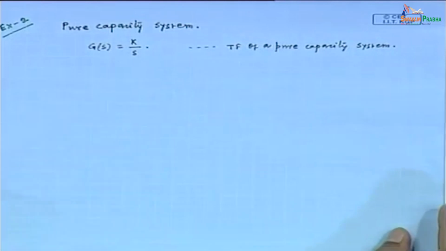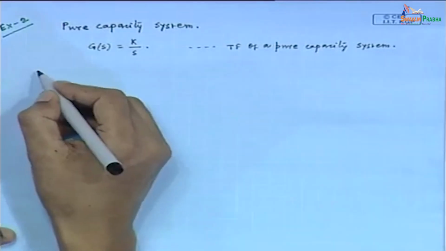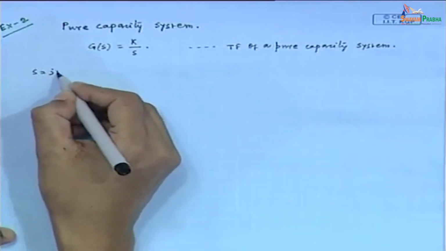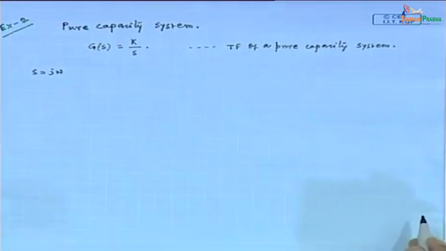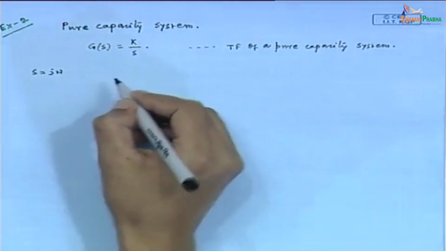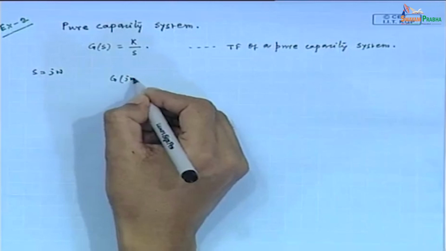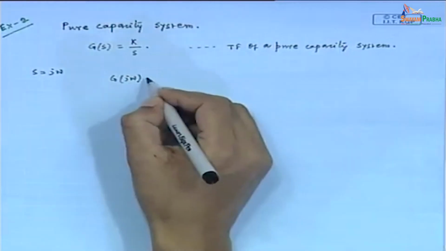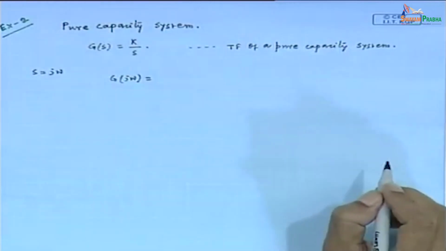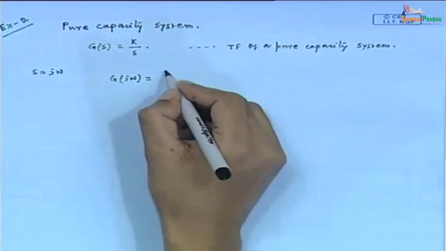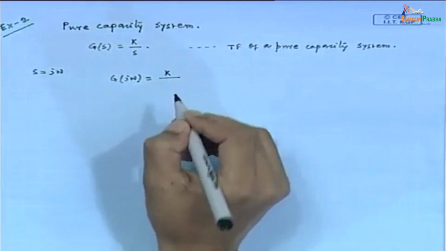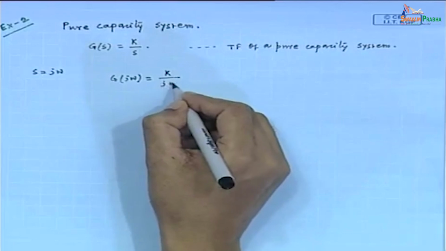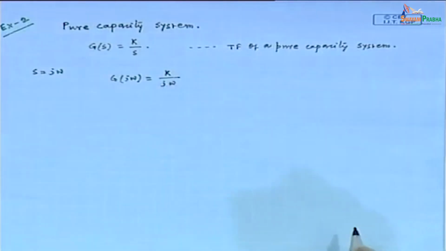So, we will follow the usual steps. I mean, in the first step we will substitute s equals j omega. Then the frequency response transfer function yields G(j omega) equals k divided by j omega. Fine.